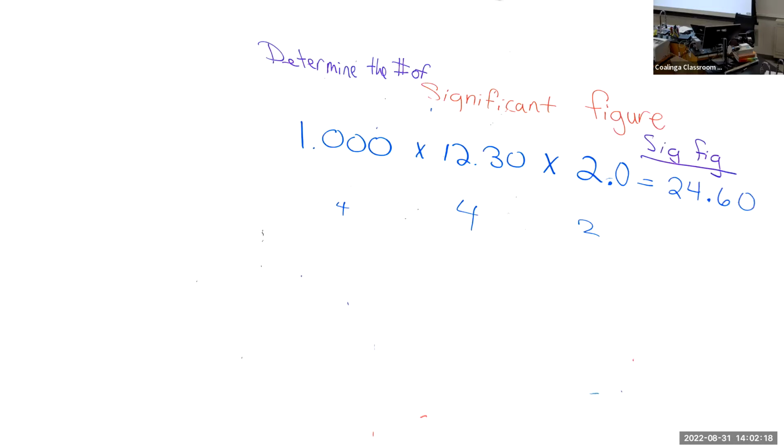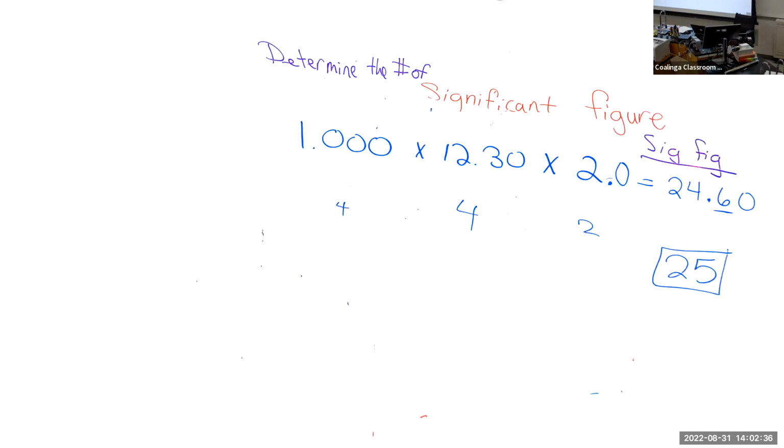How many sig figs were there? 2. So we take the one that has the least amount of sig figs. So we want an answer that has 2 sig figs.